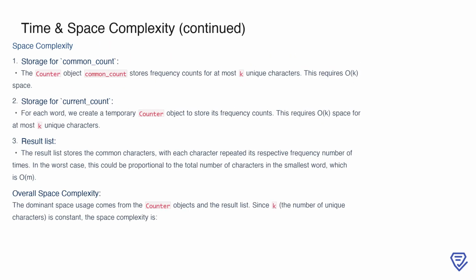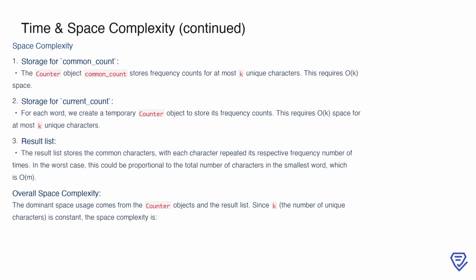When analyzing space complexity, we begin with the common_count object. This counter stores the frequency counts of at most K unique characters, which requires K space. Similarly, for each word, we create a temporary counter object, current_count, to store its frequency counts, which also requires K space.